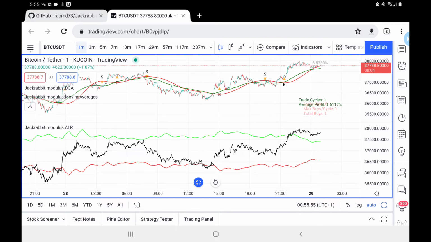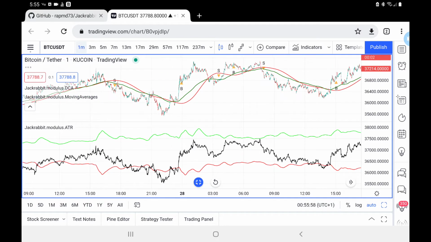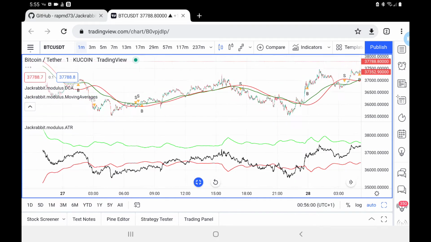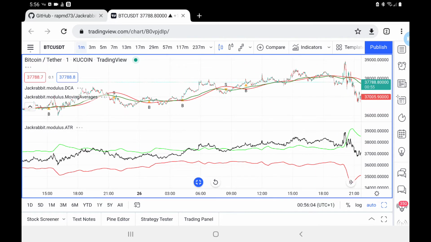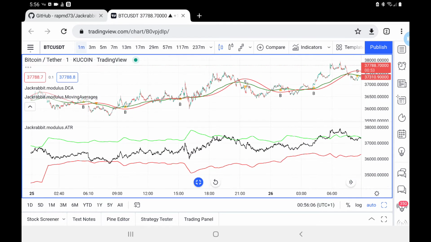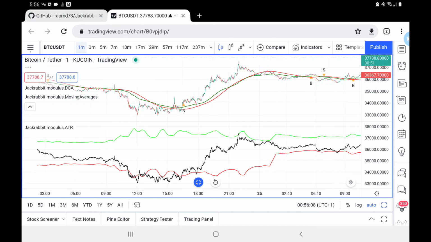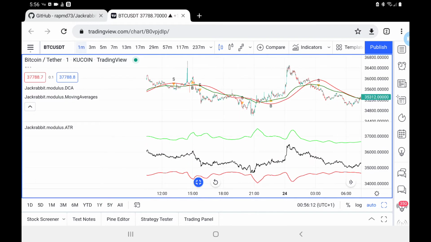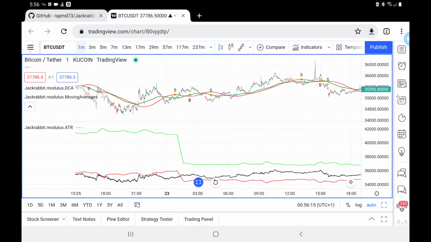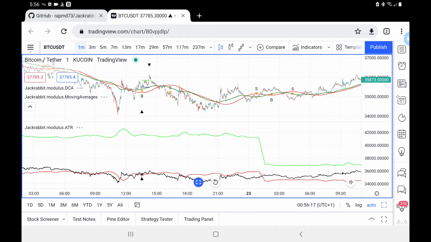Let's see if we can find the one and only trade. So this literally could be a $1,000 position, trigger and sell.